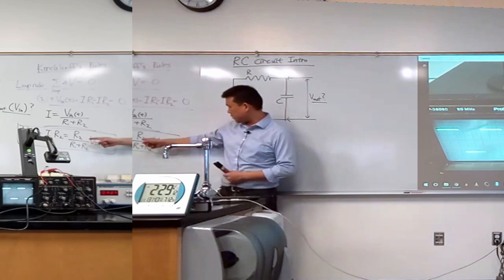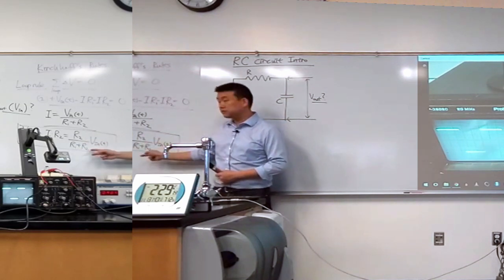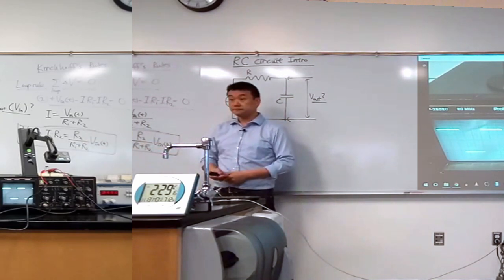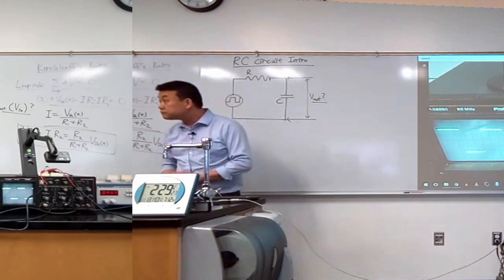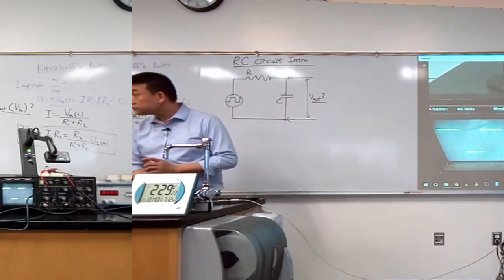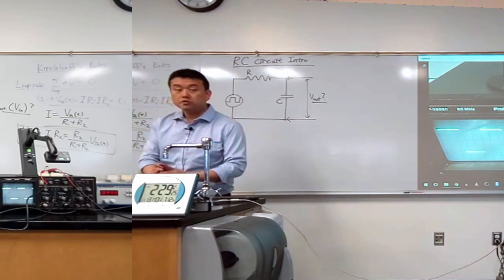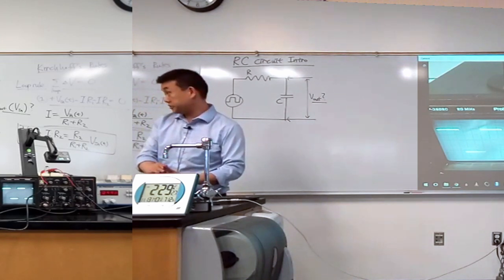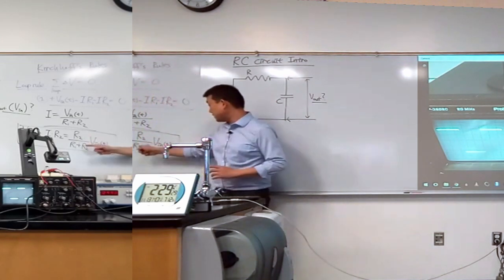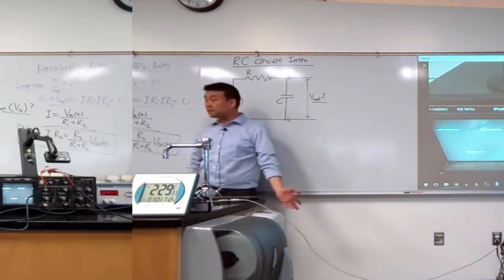Right? So what's this ratio, R2 over R1 plus R2? What kind of quantity is that? It's a proportion. It's a sort of unitless coefficient because it's a ratio of resistances. So it's going to be some number.